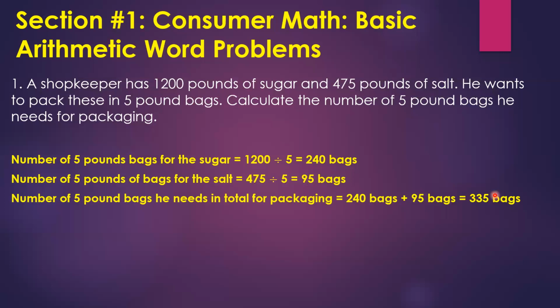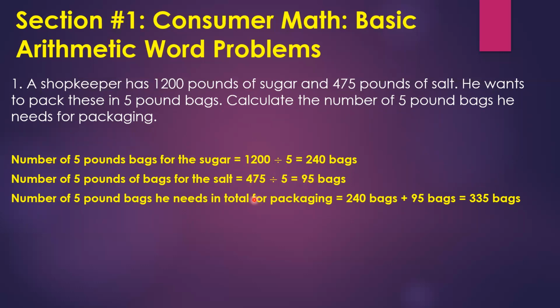We divide 1,200 divided by 5, and that equals 240 bags. And then we divide 475 by 5, and that equals 95 bags. Very good.